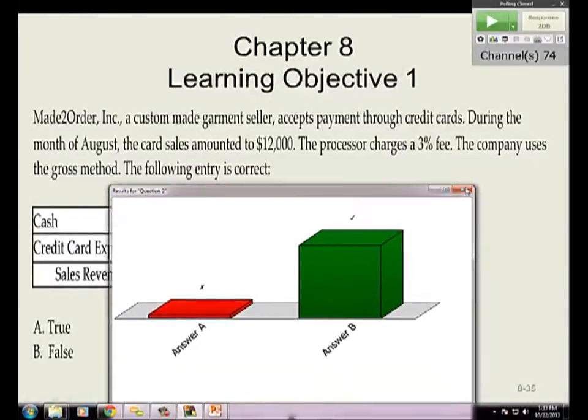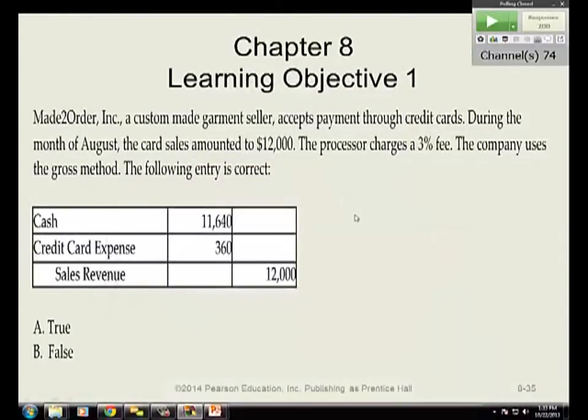If it was the gross method, what would you do? You'd record cash at $12,000. So let me show you.